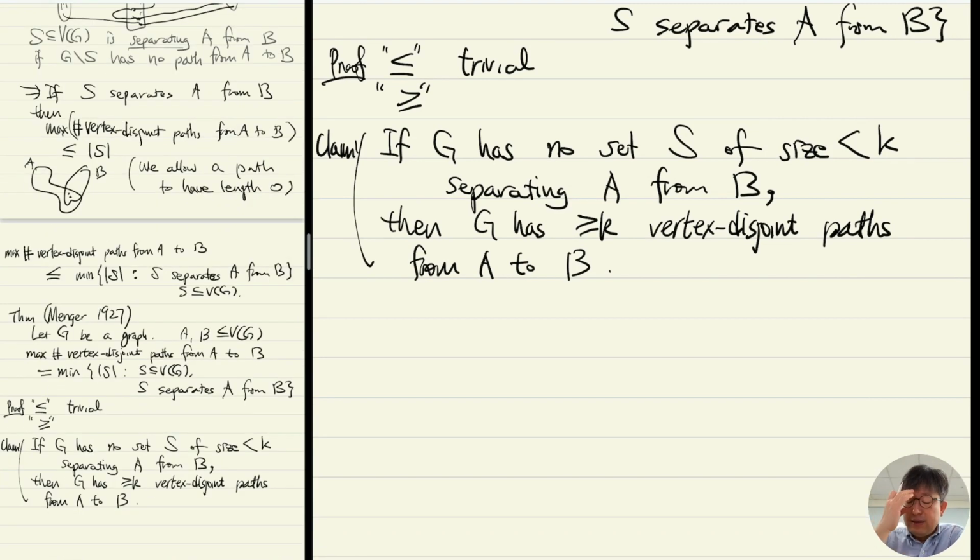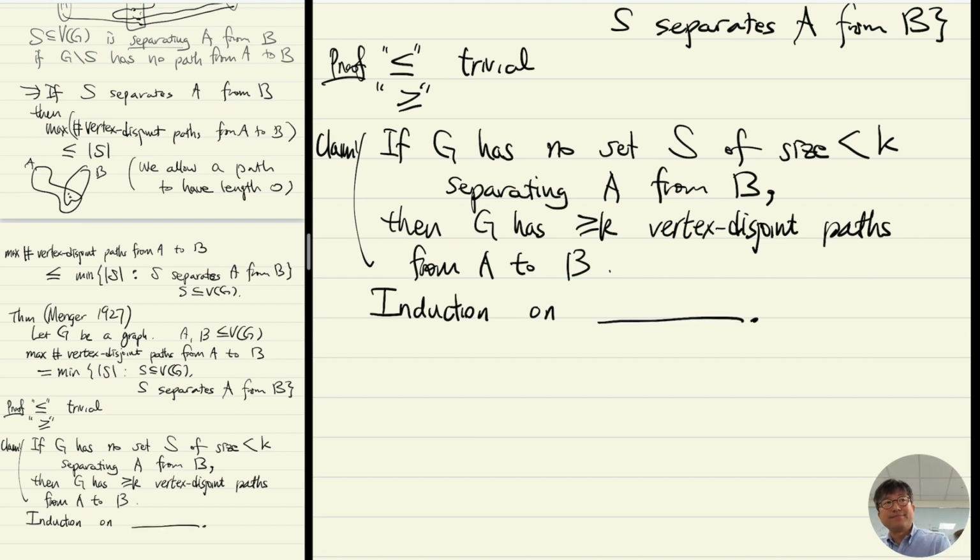Now, why do I use this formulation? Because it will make induction easier, because I can fix K and apply induction on, let's say, the number of edges, maybe, or something. I can always choose the induction parameter later, so let's fit it later.